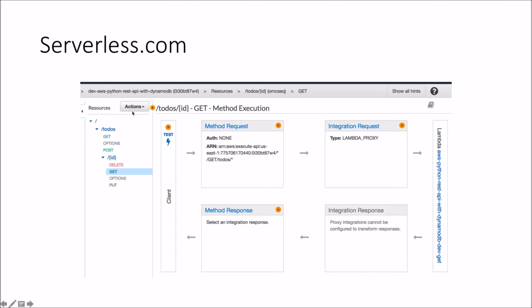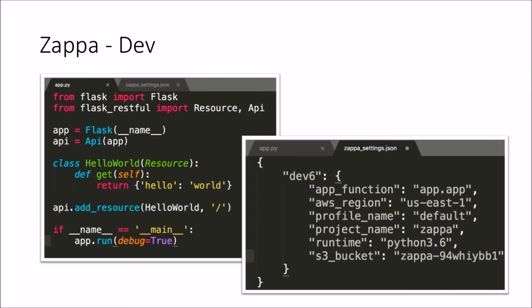You can see that for each of the functions, we could map it to different verbs within our API endpoint. This again seems obvious at first, but I'm only showing you because we are going to be comparing it with other frameworks. So that's serverless. Moving on to Zappa, and this is how Zappa works.